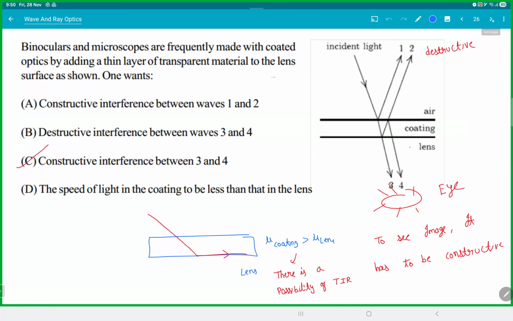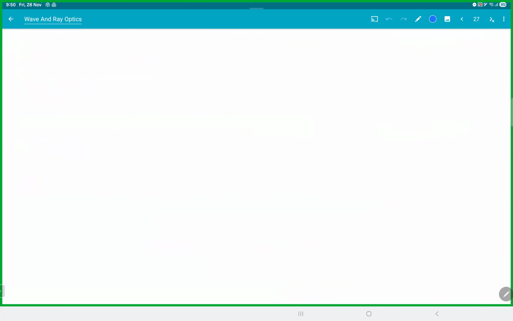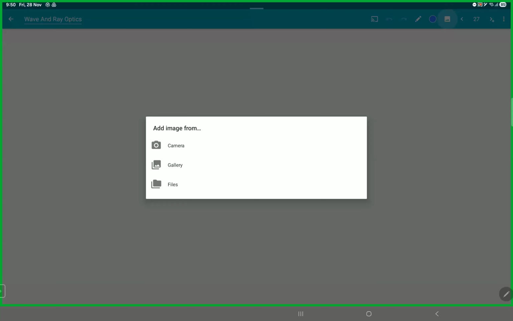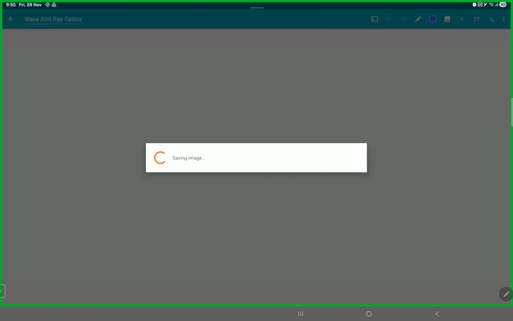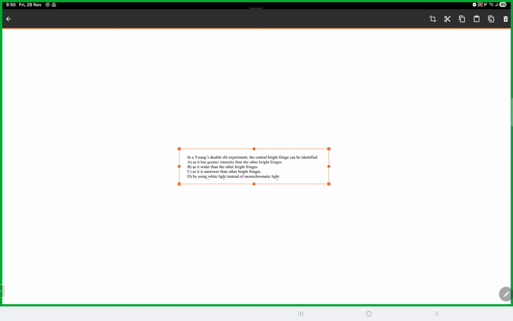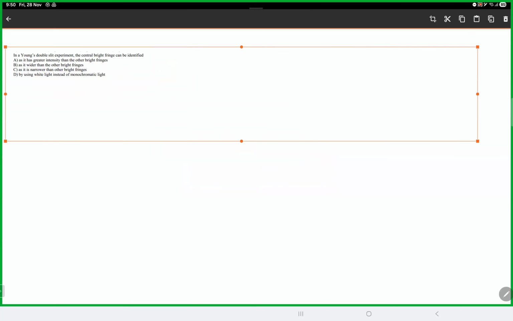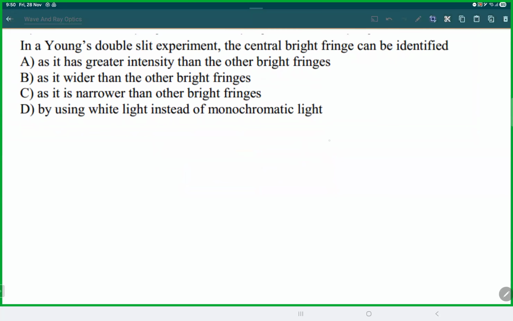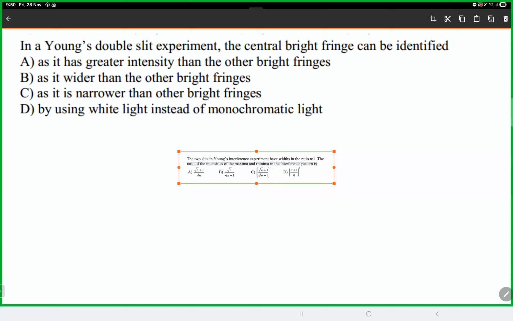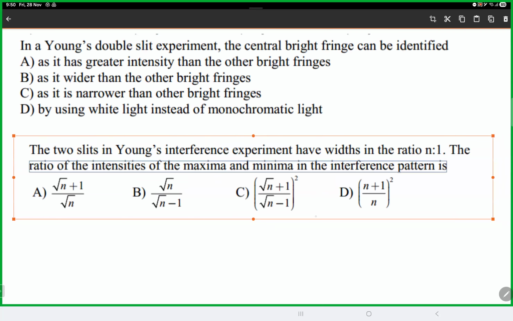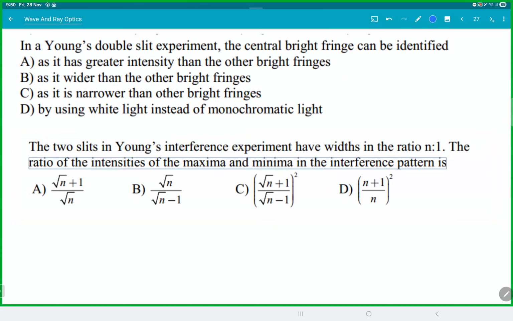So all that blue light and all will have a destructive interference for you. These are easy ones. We'll see them.